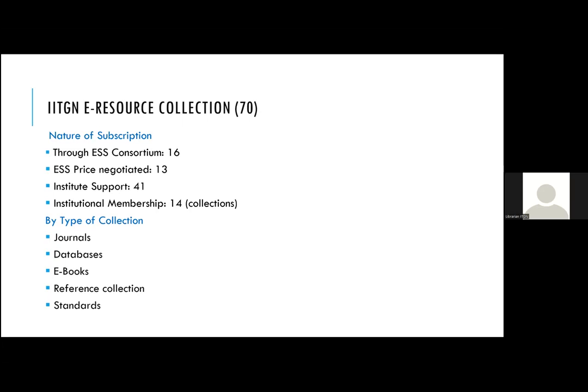And reference collections, there's one UNESCO collection that we get, something around 25 encyclopedias put under one umbrella. That's a very comprehensive collection, and not many are aware of this particular resource, but I think we find it quite useful. And of course, being an engineering institute, we do have a standards collection as well.